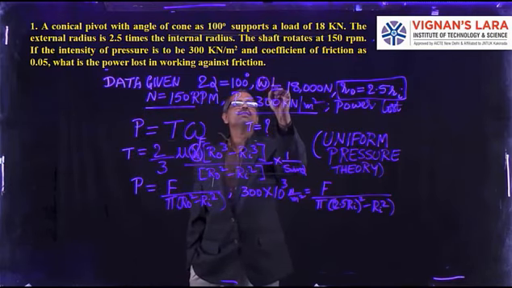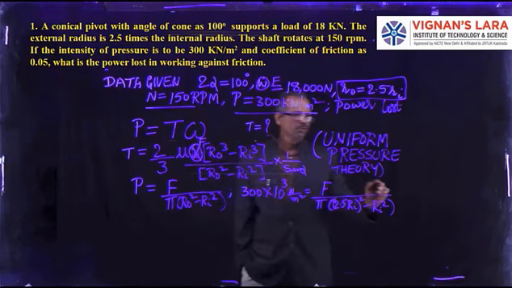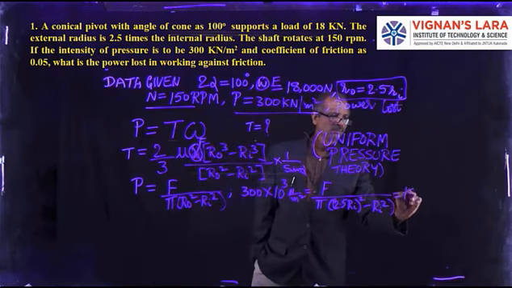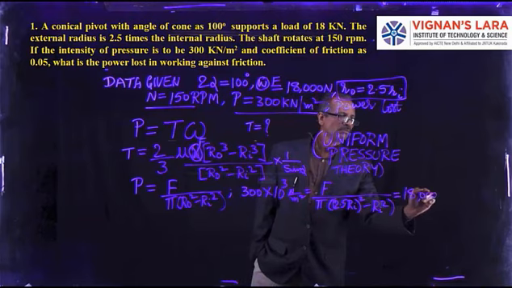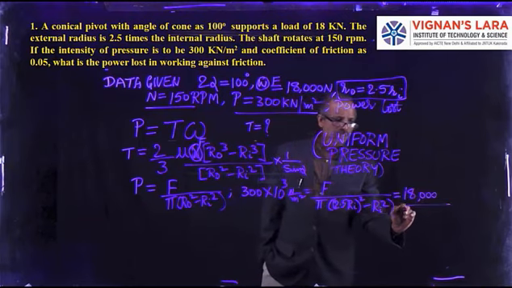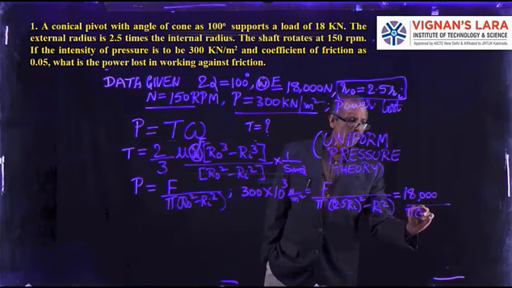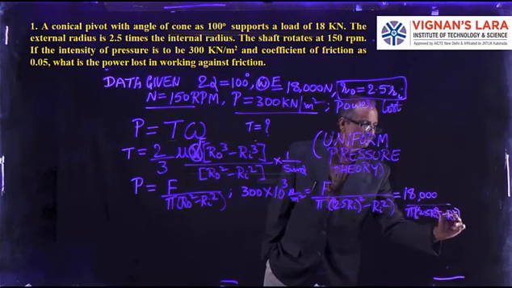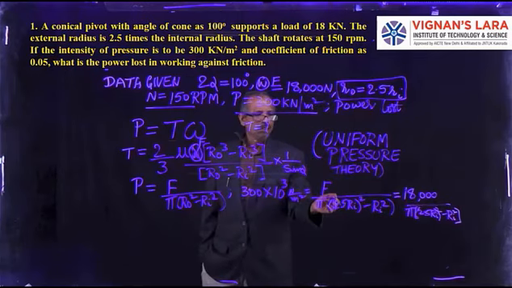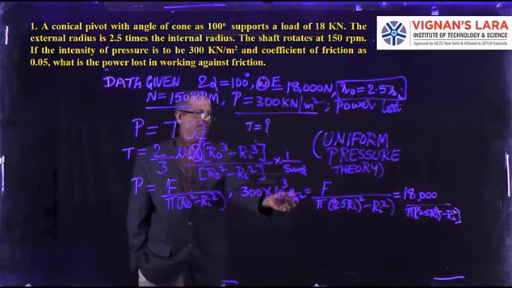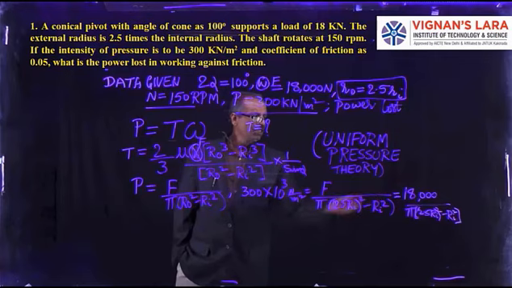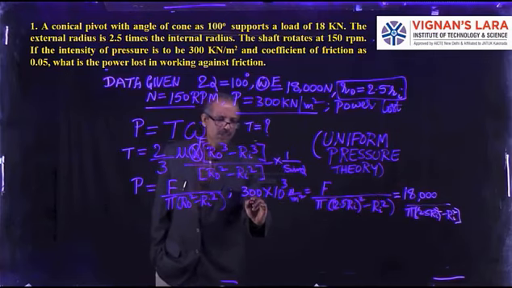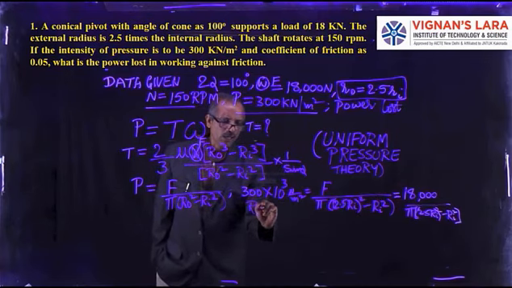This force is 18,000 Newton, and pi into 2.5 Ri square minus Ri square. Okay. So if I equate, for the left hand side, only the equation will be in terms of Ri square. By solving this, I get Ri.